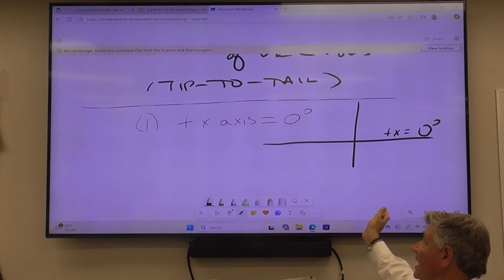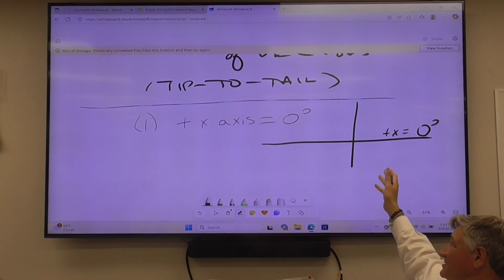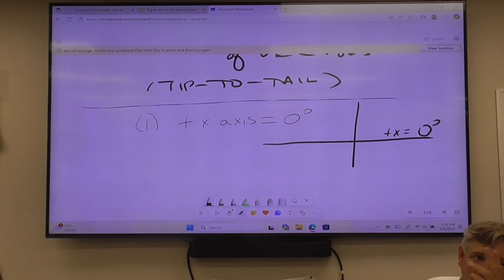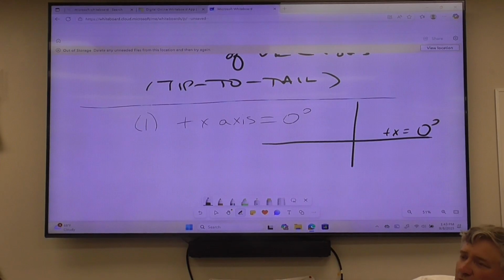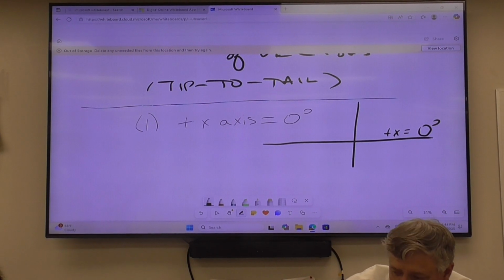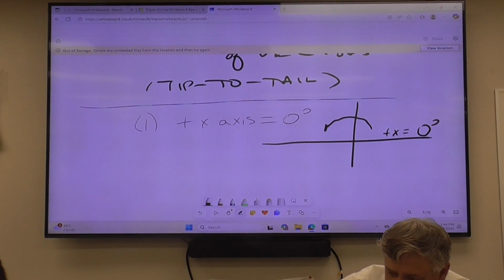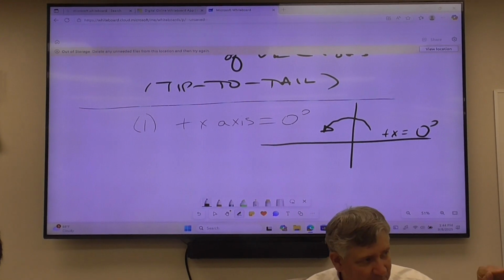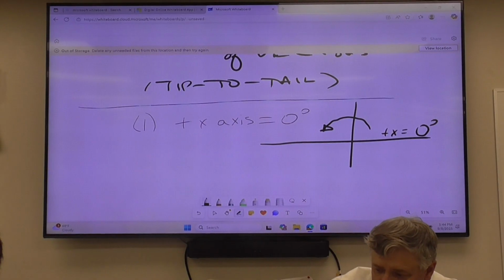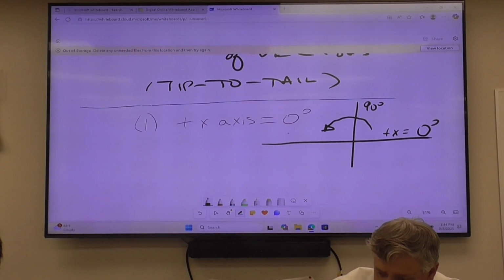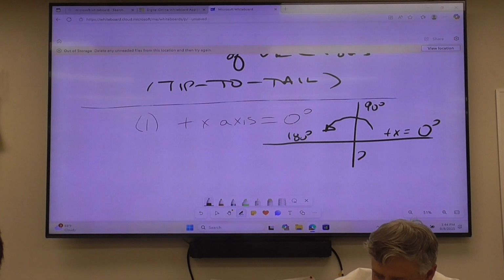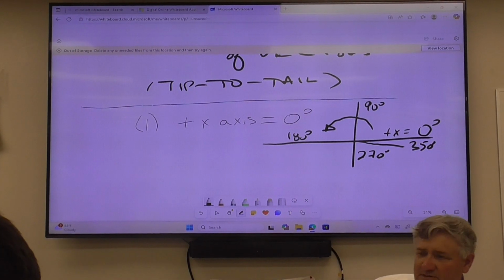That way, we don't have to guess: is 0 degrees straight up, is 0 degrees down, I don't know what that is. So just to make it simple, we're going to define the positive x-axis as 0. And then we're going to measure all angles counterclockwise from that positive x-axis. So this is going to be 90 degrees, that's going to be 180, that's going to be 270, so then an angle in there might be like 350 degrees.